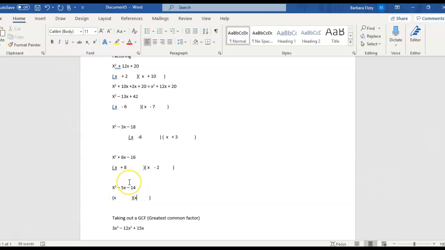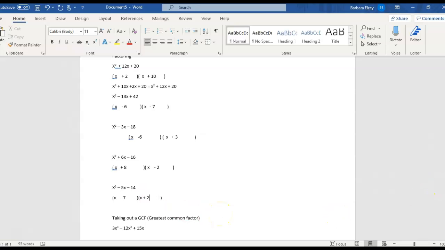Now, since it's a negative 14, we're going to need one negative and one positive to multiply to minus 14. And of course, 14, immediately we think of 7 and 2. And if it's a negative 7 and a positive 2, that would add up to negative 5. So negative 7 and positive 2. And there's our two factors.